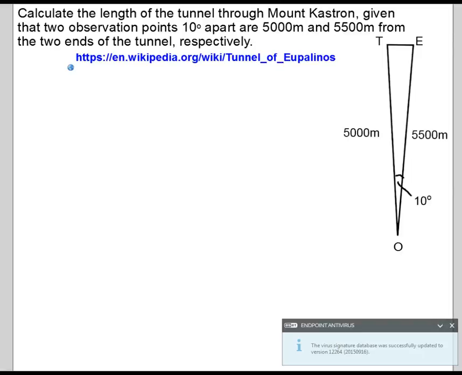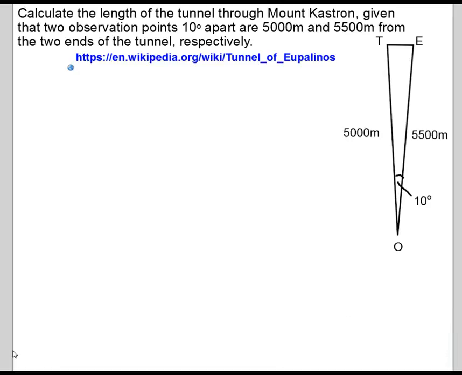To solve this problem would really be to find how far these teams would have to dig, or at least how far the tunnel would travel from one end to the other. How much rock would have to be dug out. So to set up this problem, we would be solving for little o, and we know angle O, and we know little e, and we know little t.